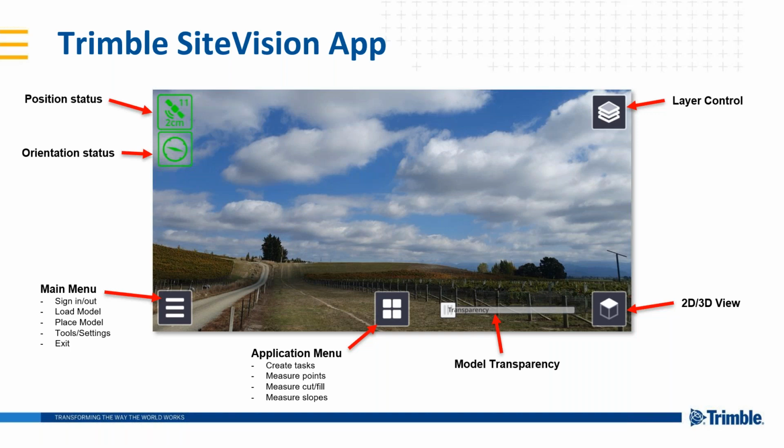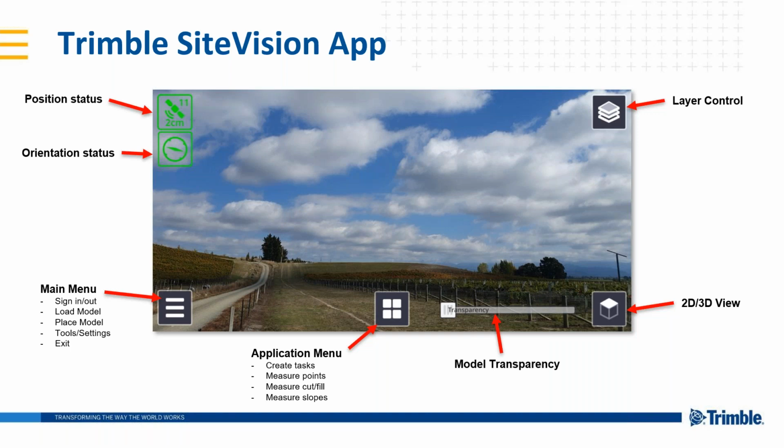The GNSS will go green once the accuracy has been achieved, and then it's going to ask you to walk 10 meters. The reason it asks you to walk 10 meters is so that the system can get its orientation.